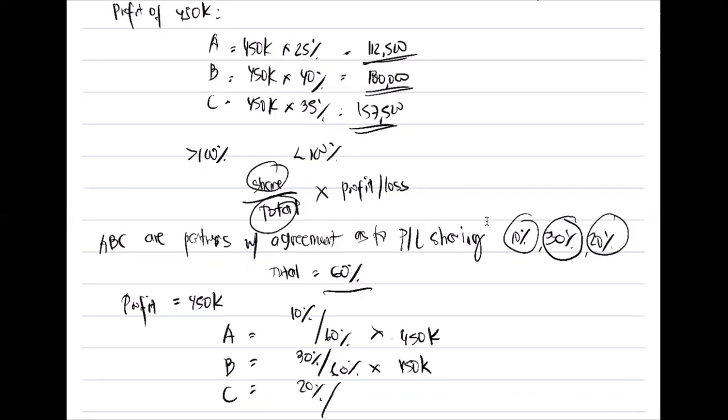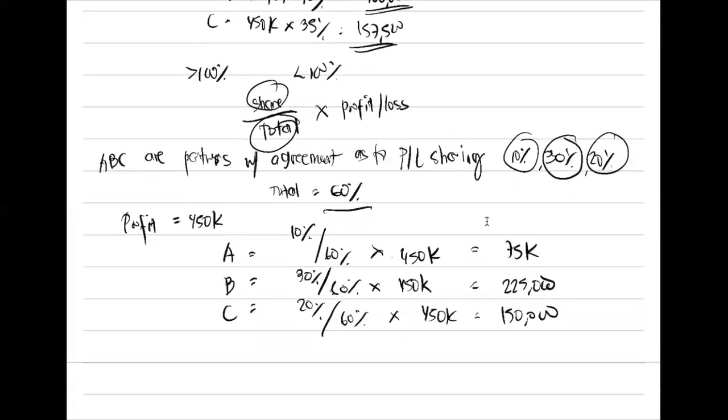You divide it to the total of 60%. You multiply it to the profit of 450,000. So 10 over 60 times 450,000, we have here 75,000. 30 over 60 times 450,000, we have 225,000. 20 over 60 times 450,000, we have 150,000.